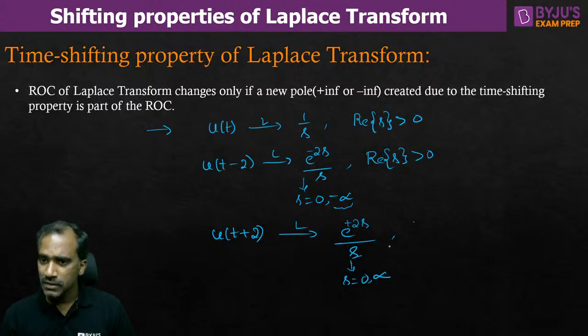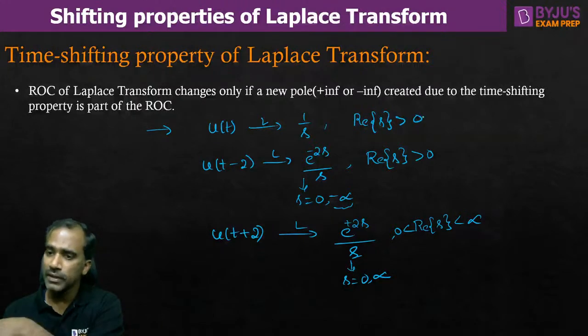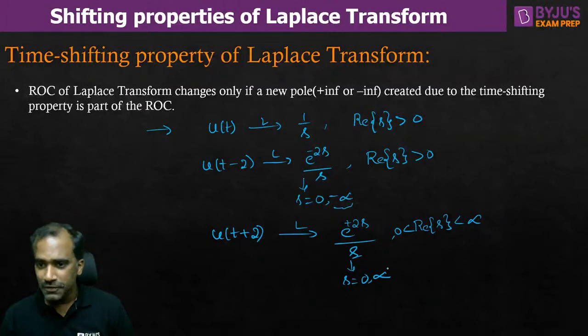This ROC excludes infinity. So how do you write that? Real part of s less than infinity and greater than 0. Earlier it was 0 to infinity, infinity included. Now infinity should not be included because it has become a new pole because of time shifting.